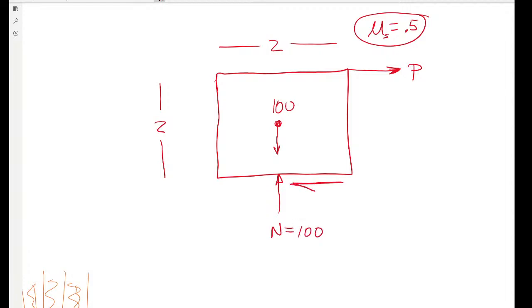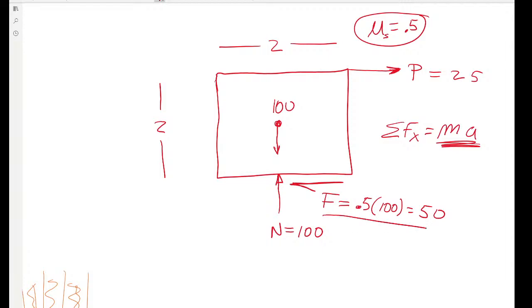So does this automatically make the friction force equal to 0.5 times 100 or 50? What would happen if I pull it with 25 pounds? If I pulled it with 25 pounds and I sum the forces in the x equal mass times acceleration, and this were truly 50 pounds and this were 25, the block, by pulling it to the right, would accelerate to the left. So that's not possible. So what is this friction force? And how does this work?